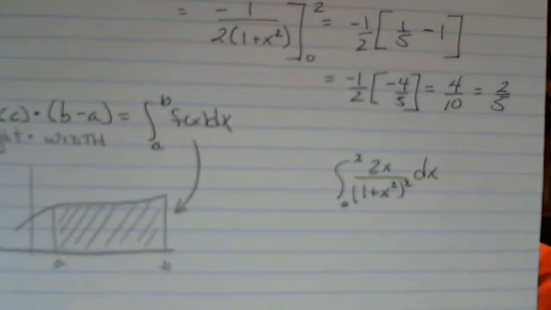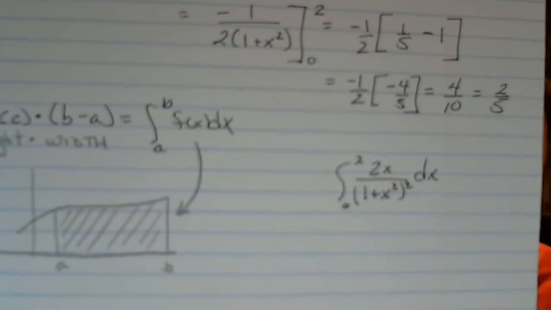We can redo the work. There's not really a point, but if it's going to make you a little more comfortable, I know that the integral from 0 to 2 of 2x divided by 1 plus x squared dx, that's the left-hand side, integral a to b f of x dx. If we do the same u substitution, u is going to be 1 plus x squared, du is going to be 2x dx.